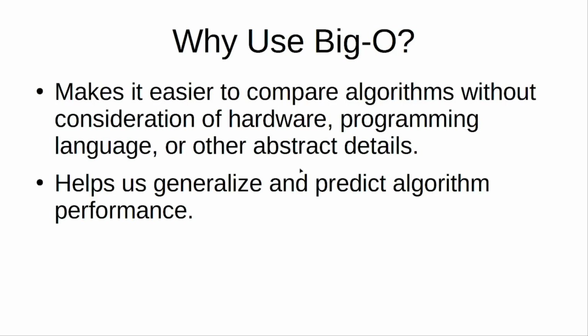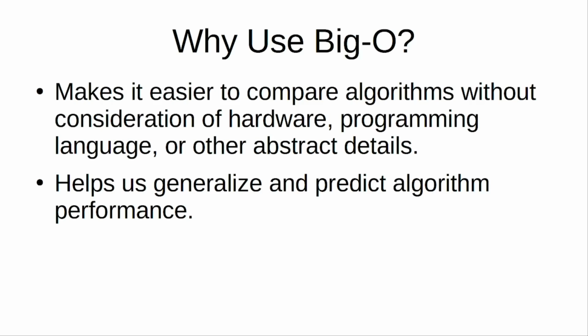And why do we use big O? Where does that even come from? Well, growth rate functions describe how an algorithm's runtime or memory usage increases as the input size grows, using abstract math functions like O of n or O of log n. It makes it easier to compare algorithms without consideration of hardware, programming language, or other details, and it helps us generalize and predict algorithm performance.